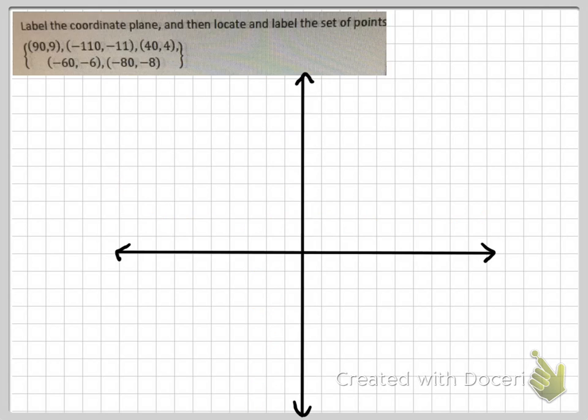Okay, let's take a look at another one. This time, notice I have an x value of 90, negative 110, 40, negative 60, and a negative 80. So my biggest absolute value is 110.